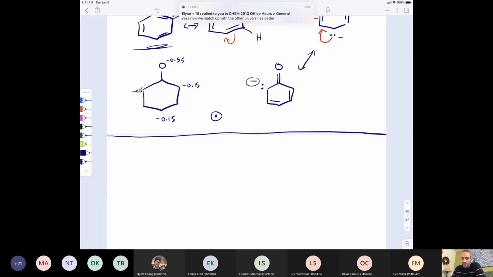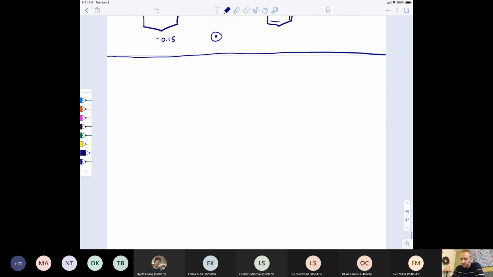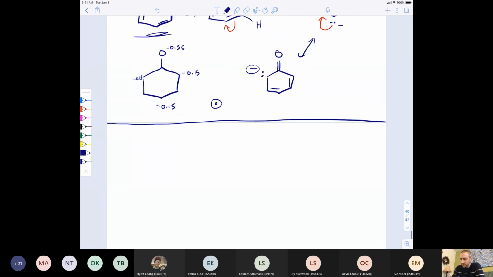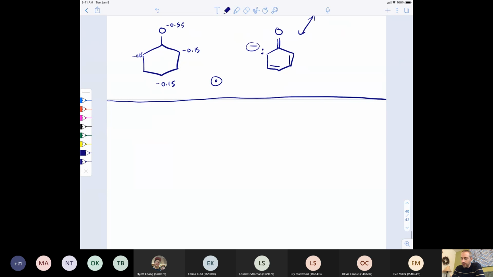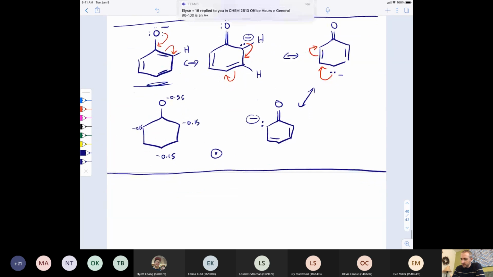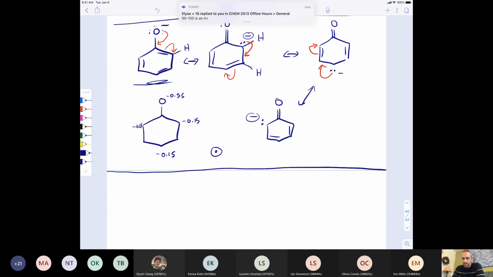So we do match up with other universities better, which is great if you're applying to a competitive program like medicine or something, and if they use your GPA as an important measure. Medicine might be a bad example because I think they look more at MCATs.